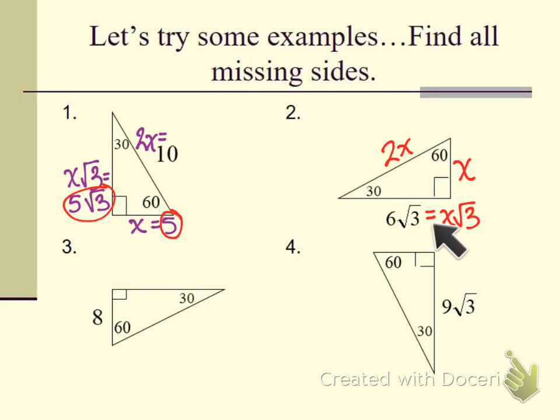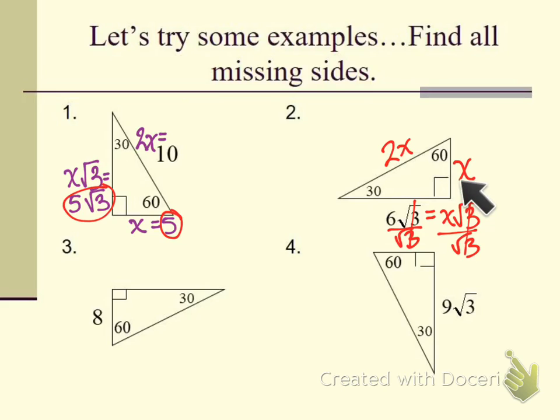We're able to use this bottom side to set up an equation. In this case, what is x going to have to equal? If we solve this bottom equation we set up for x, if we divide both sides by the square root of 3, we're left with x equals 6.